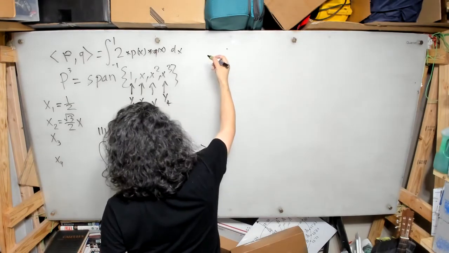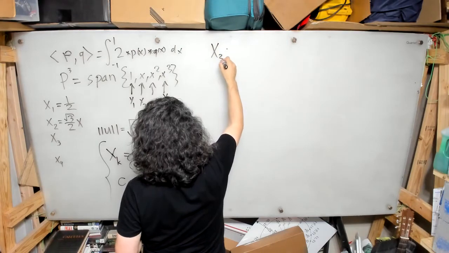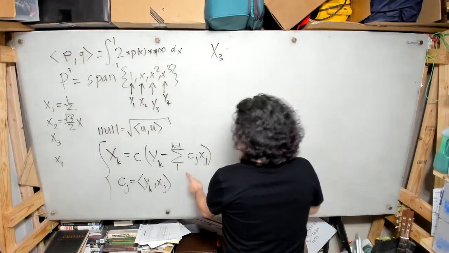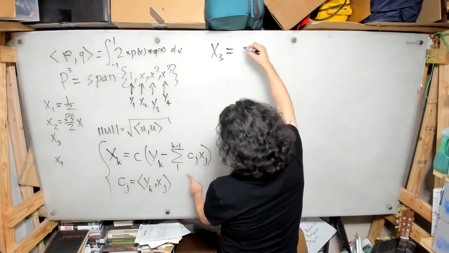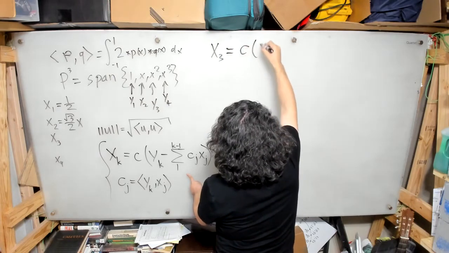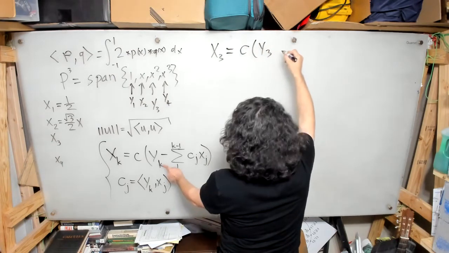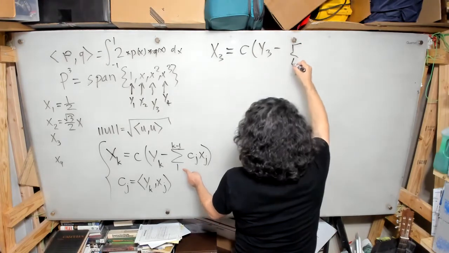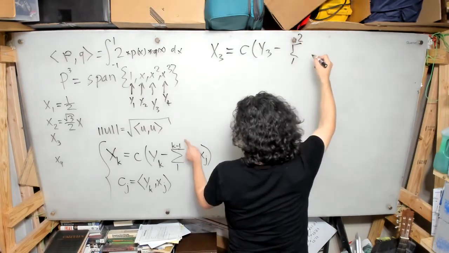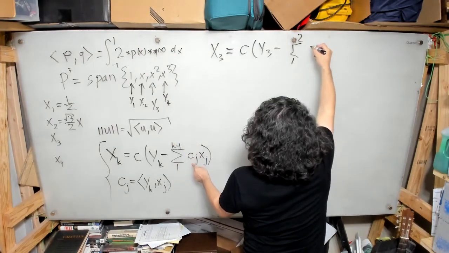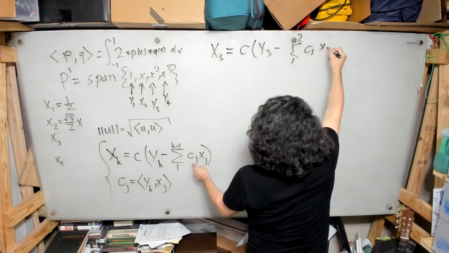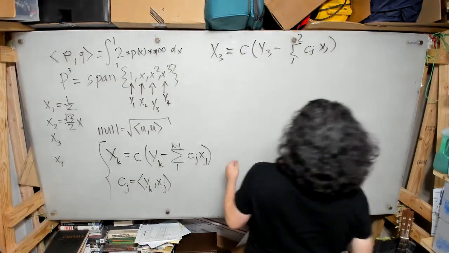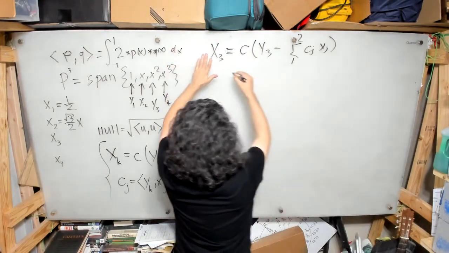Now we're going to calculate my x3. Now, that is going to equal c times y3 minus the sum from 1 to 2, because 3 minus 1 is 2, of my cj xj's. So I'm going to expand this out right here in a row.